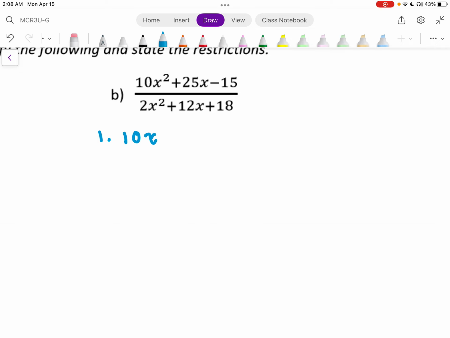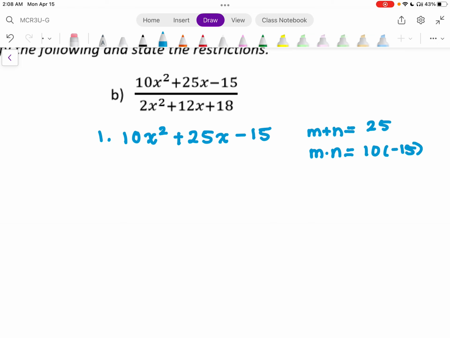This is a complex trinomial, which means that it has different rules than a simple trinomial, right? And if you're not sure about that, we have a video on that as well, so please go back and look at it. So here the m plus n are going to give me 25, the middle term. When we multiply them together, it's going to be 10 times negative 15, which is 150.